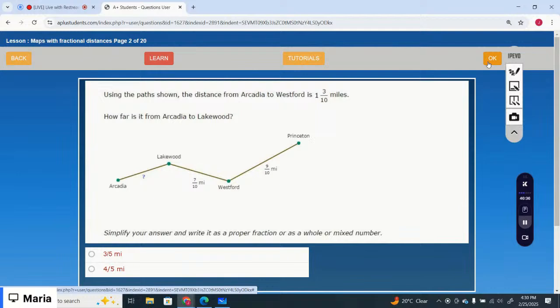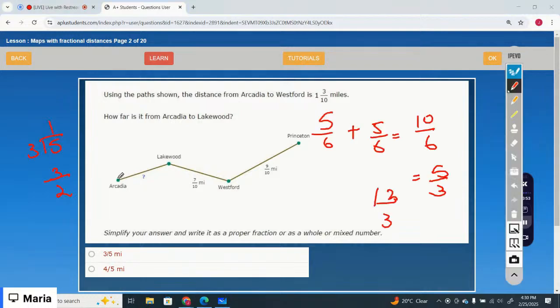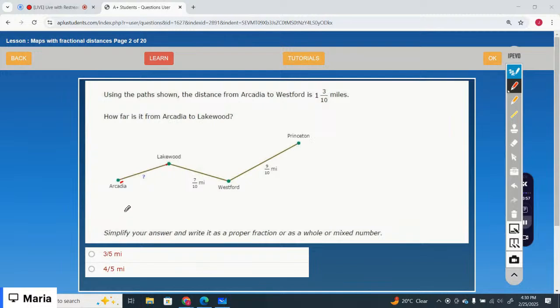Using the path shown, the distance from Arcadia to Westford is 1 whole 3 over 10. How far is it from Arcadia to Lakewood? You have to find the distance from Arcadia to Lakewood, and you are given from Arcadia to Westford, that is 1 whole 3 by 10.